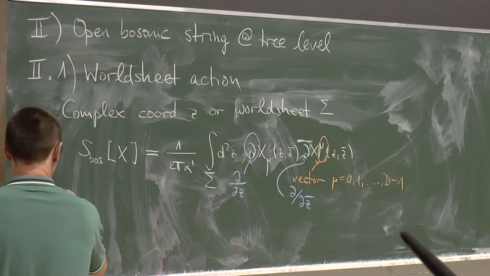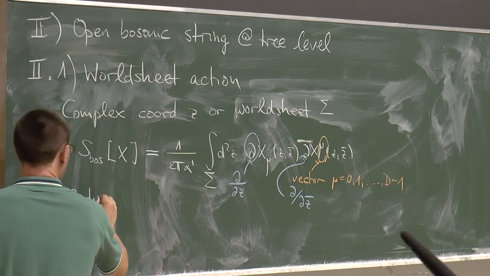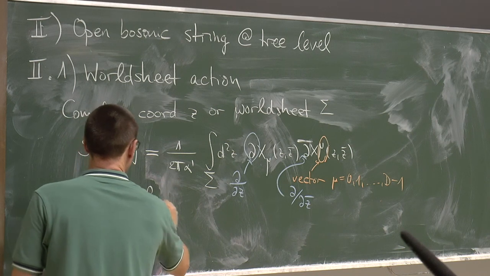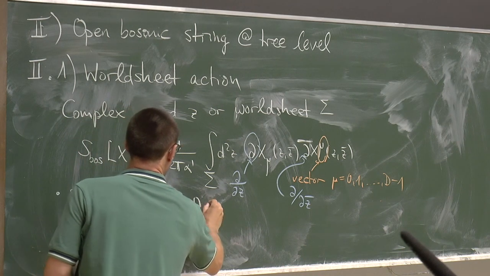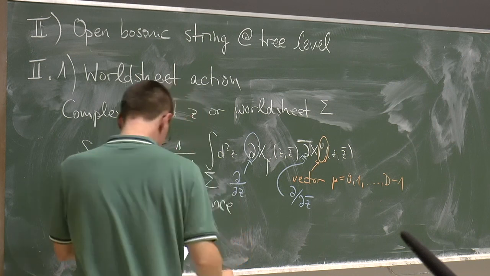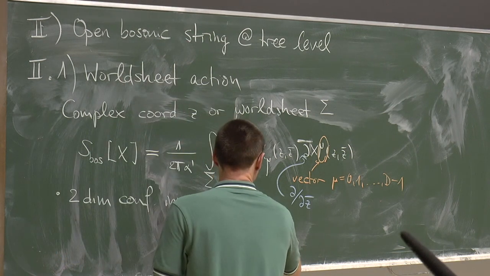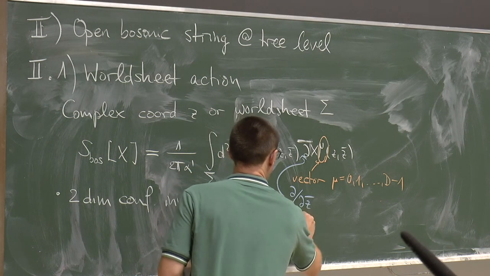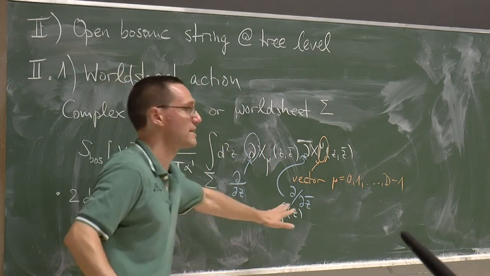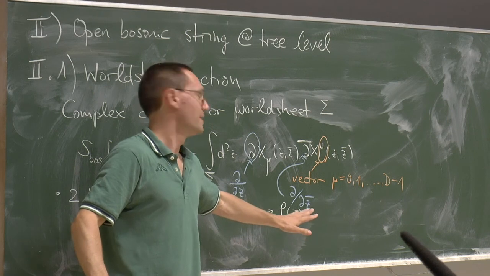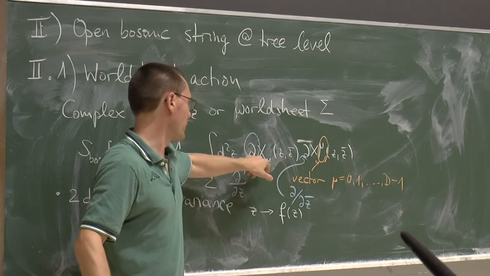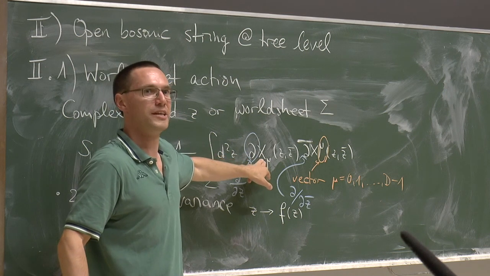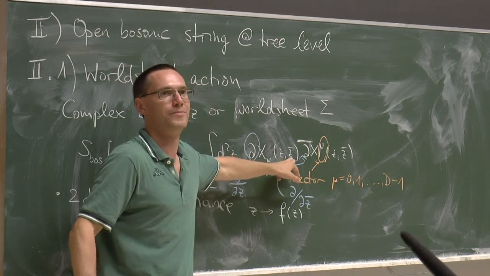And we can observe that it enjoys a 2-dimensional conformal invariance. Namely, it is unaffected by a change of coordinates z going to f of z, as long as it's a holomorphic function. So here, of course, these embedding coordinates will be fields in the 2-dimensional worldsheet that depend on both z and z bar.